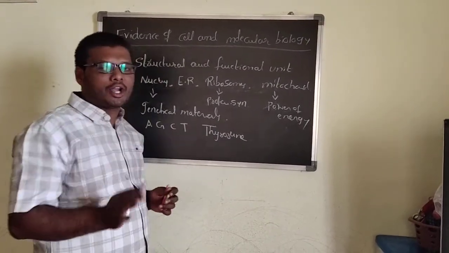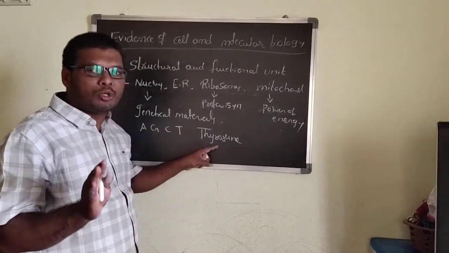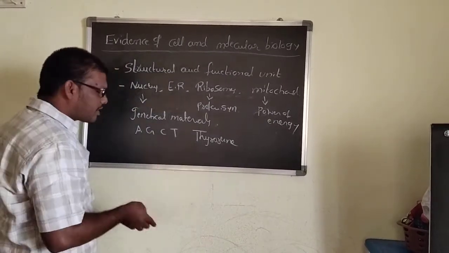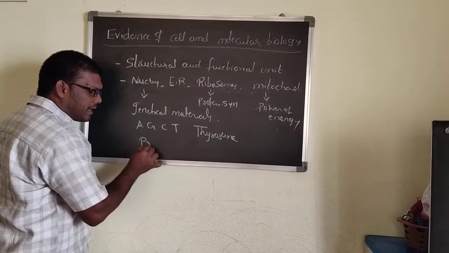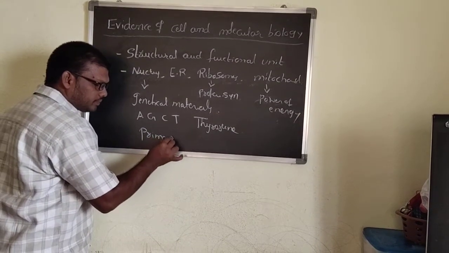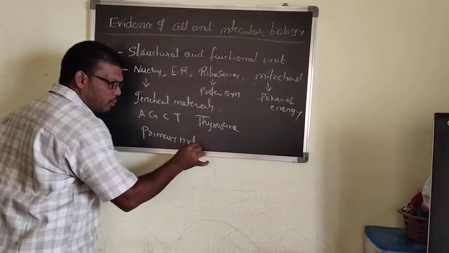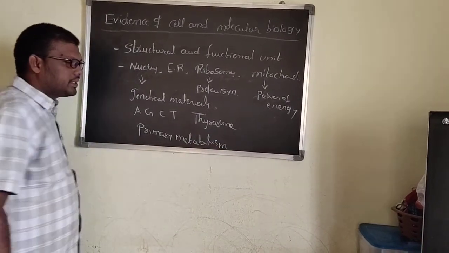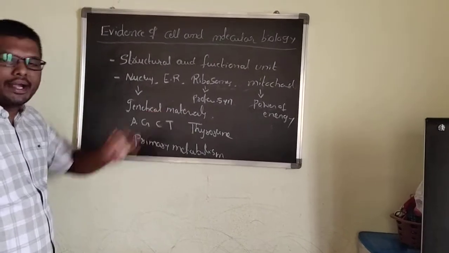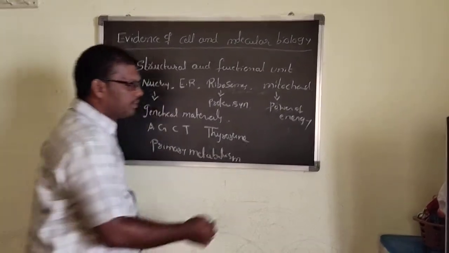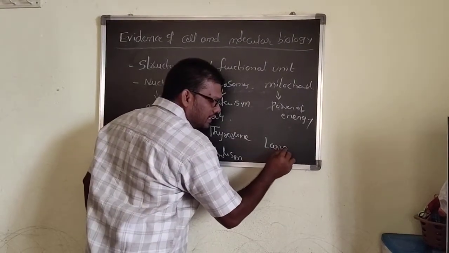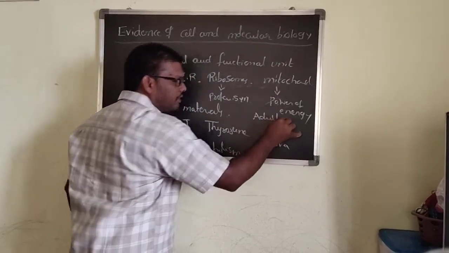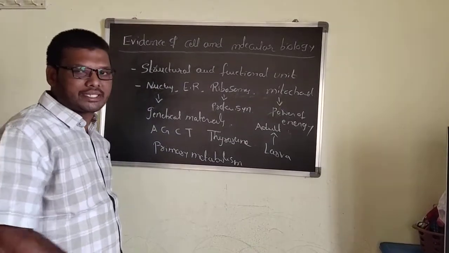Then thyroxine is not released. What is the use of thyroxine? Thyroxine is mainly useful for the primary metabolism, the basic metabolic rate. If you remove the thyroid gland from the frog, the larva is not able to convert to the adult. That is called metamorphosis.